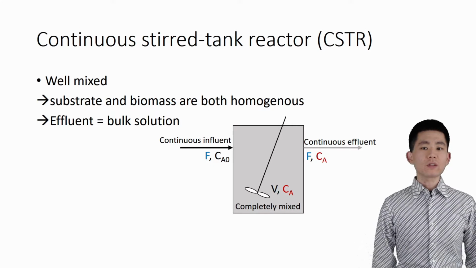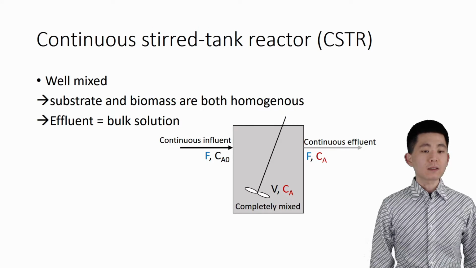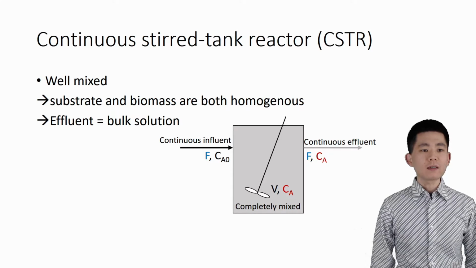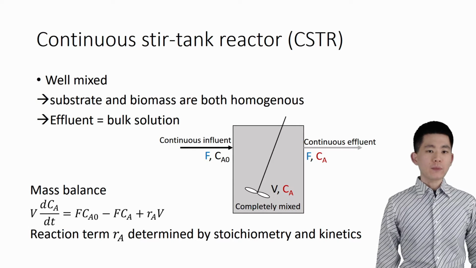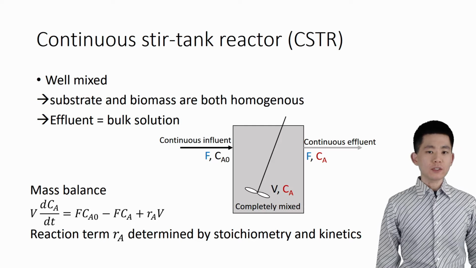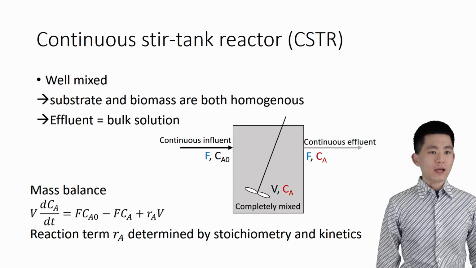The concentration of a generic component A is represented by CA. CA0 is the concentration of component A in the influent. CA is the concentration of component A in the reactor bulk solution and in the effluent. So we can write the mass balance for CSTR. V times dCA over dt is the accumulation rate of component A in the reactor.